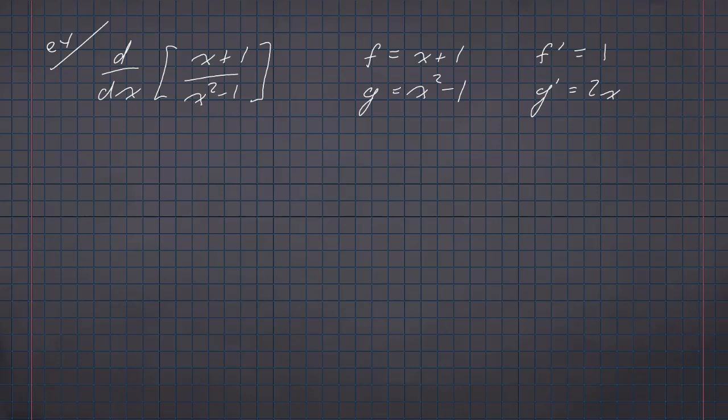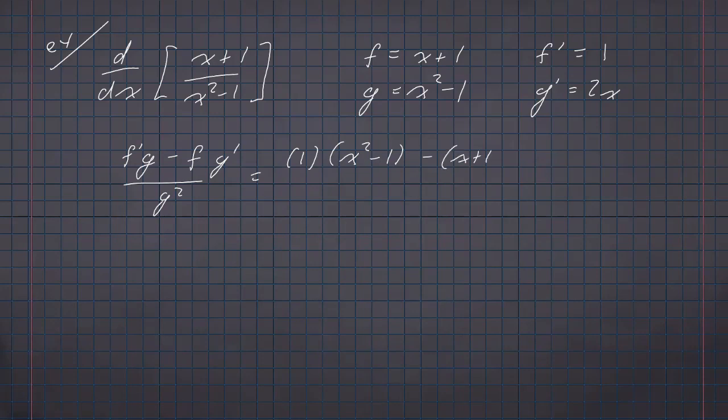And then the derivative here, by the quotient rule, will be f prime times g minus f times g prime all over g squared. Right? F prime is 1, g is x squared minus 1, f is x plus 1, g prime is 2x, g is x squared minus 1, and is being squared.